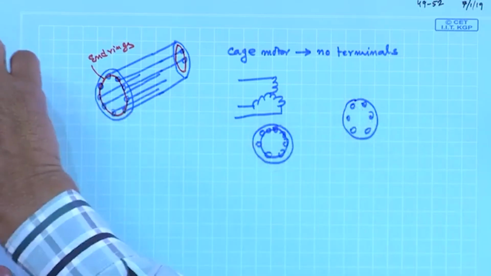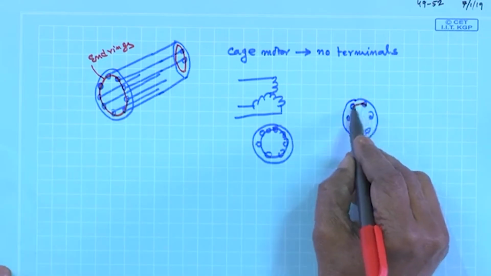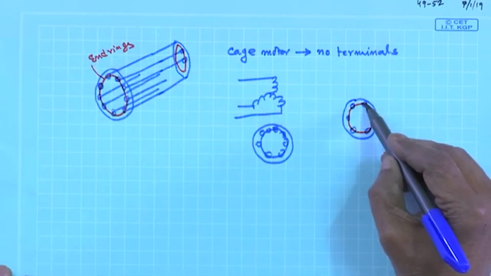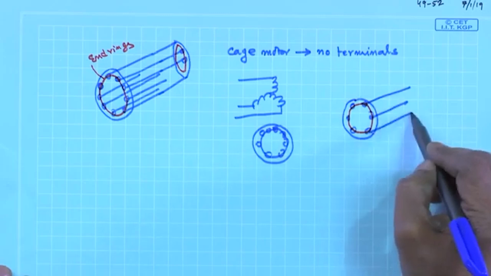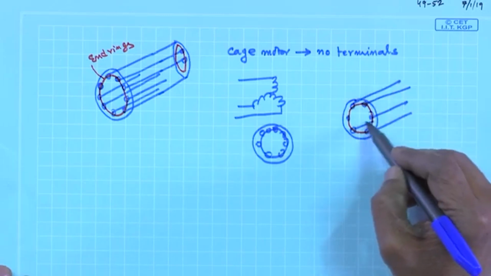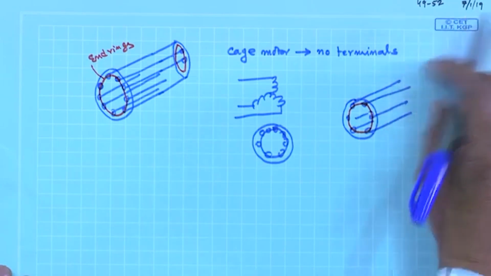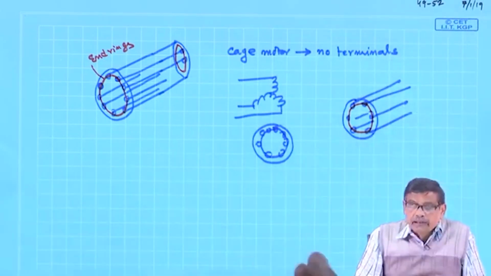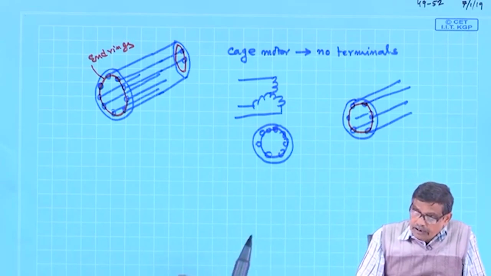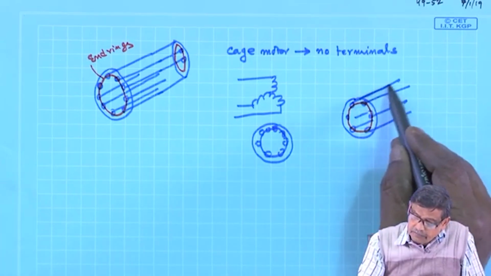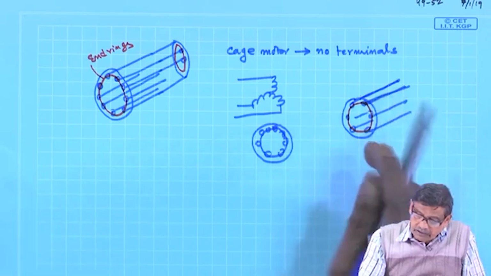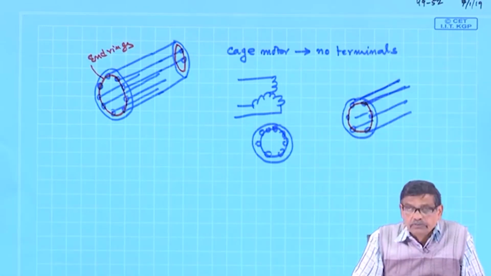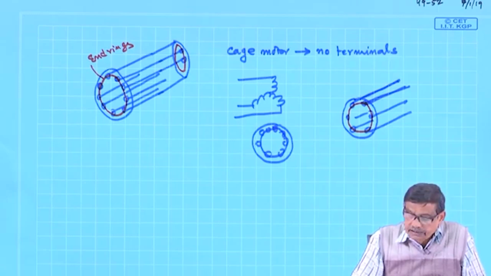You first imagine that one end ring is removed, these are the bars here like this. You consider this ring is removed first. Therefore, it is like an open circuit induction motor, and in each conductor there will be induced voltage. Although with one end ring open, things cannot move because there is no rotor current and hence no rotor poles.